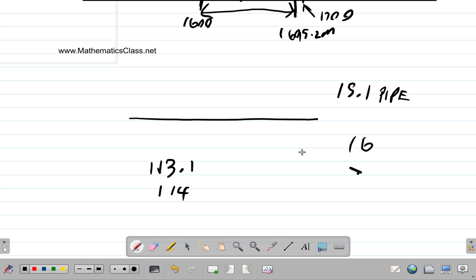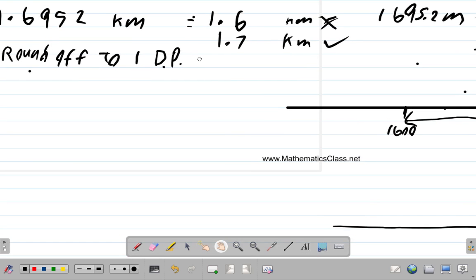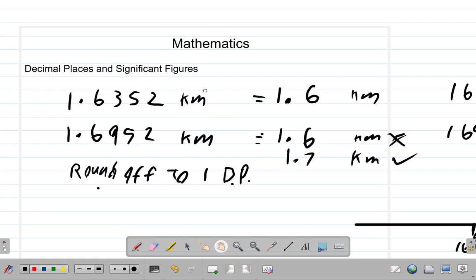But now, when it comes to decimal places, right? 1 decimal place mean after the point, you come here, and this is where you're going to stop. 2 decimal place mean you come so, and then so, you're going to stop right here. If your number to the right is 5 or more, you add 1 to this number.